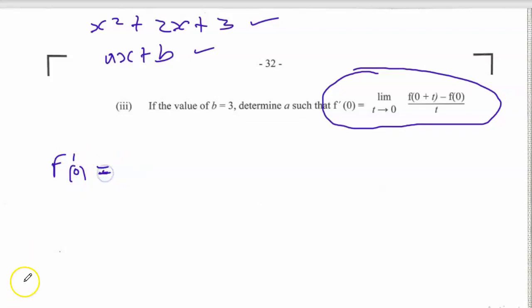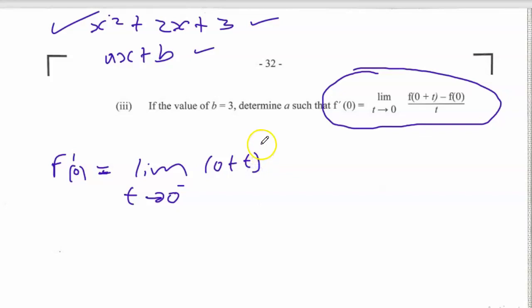is equal to the limit as t approaches 0 from the left. So what we'll end up with is, replace x, the first one, with 0 plus t. So 0 plus t squared plus 2 times 0 plus t plus 3, minus f of 0, which will be 0 squared plus 0 plus 3.